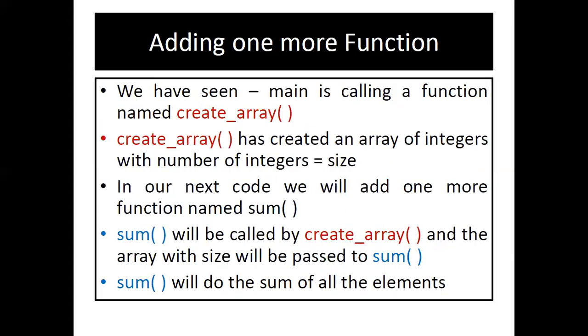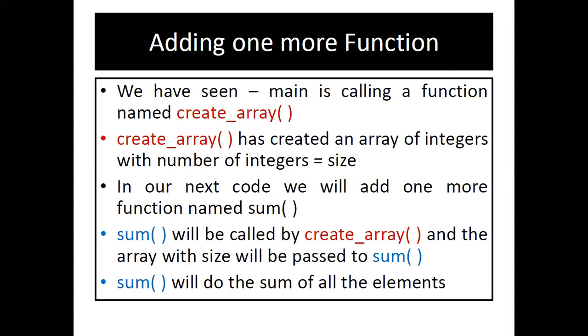Moving ahead, we see a little more complexity, and as we said, we are playing with functions and arrays. We are going to add one more function, and this function is going to do the summation of all the elements. Let me describe this task step by step. We have seen main calling a function named create array.